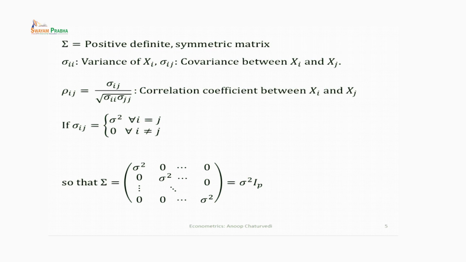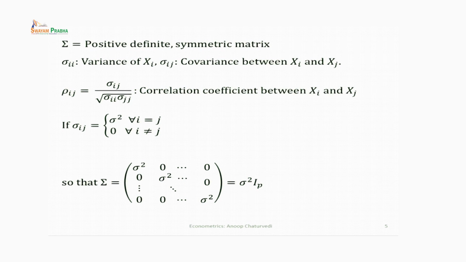Actually, capital sigma is called the variance covariance matrix because its diagonal elements give you the variances of different components of x, and off diagonal elements give you the covariances between different components of x. Means sigma ij gives you the covariance between xi and xj.